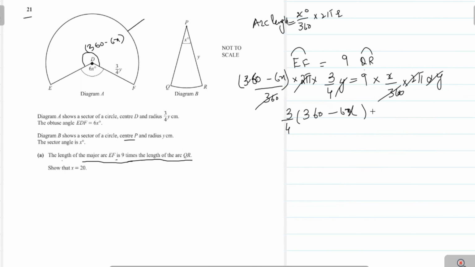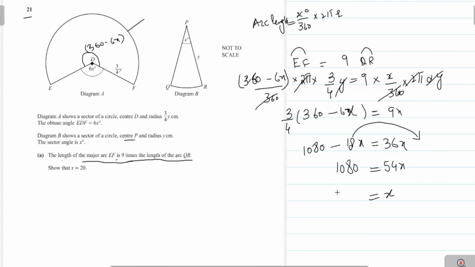equal to 9x. Now we can write 3 multiplied by 360 is 1080 minus 18x equal to 4 times 9 is 36x. And this way 18x shifts from left to right side, this value becomes 36 plus 18, which is 54x equal to 1080.